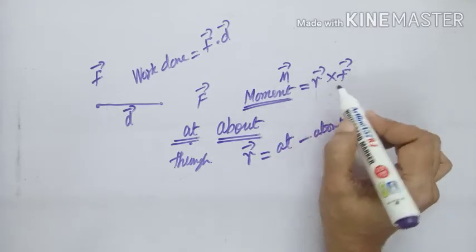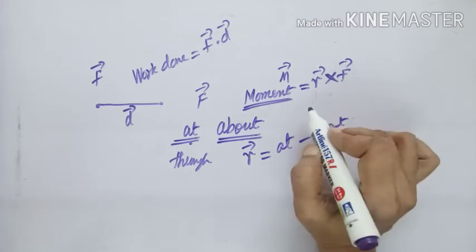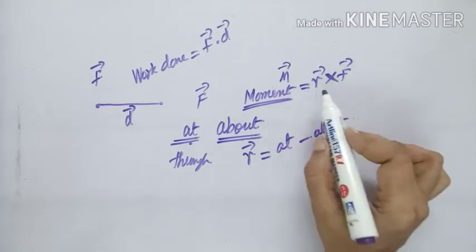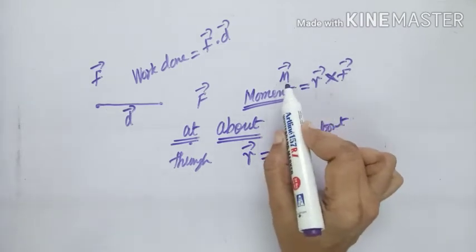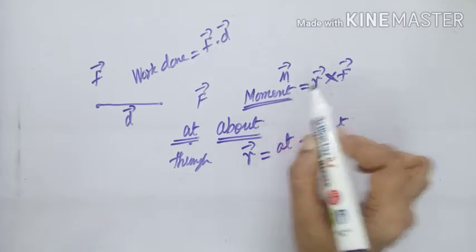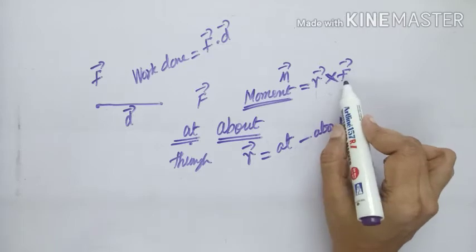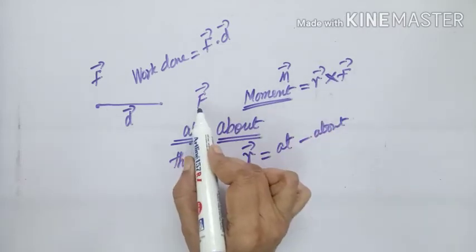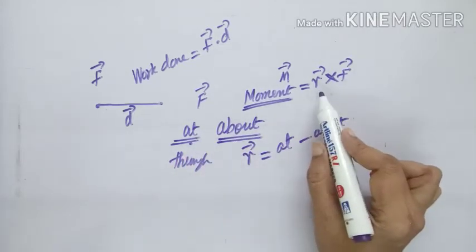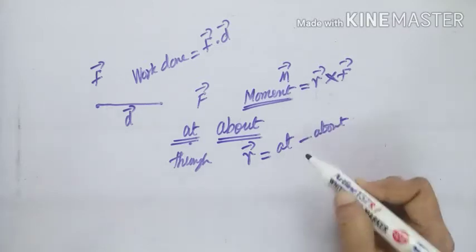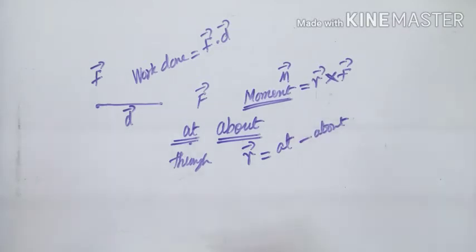If we change the order, we know cross product becomes negative. That is wrong, so keep up the order. The moment M vector is given by R cross F. F is the force applied and R is nothing but at the point minus about the point.